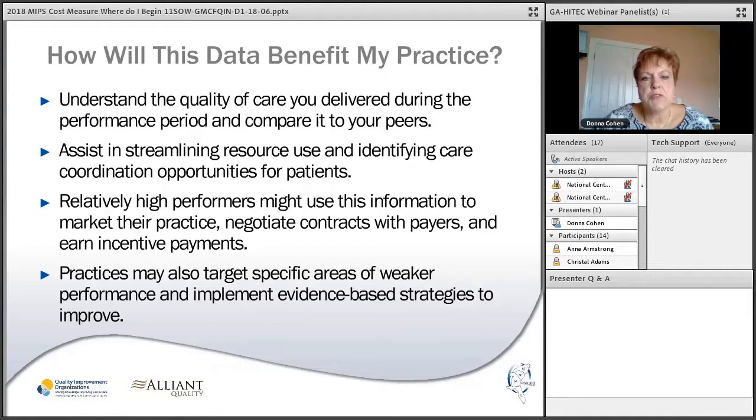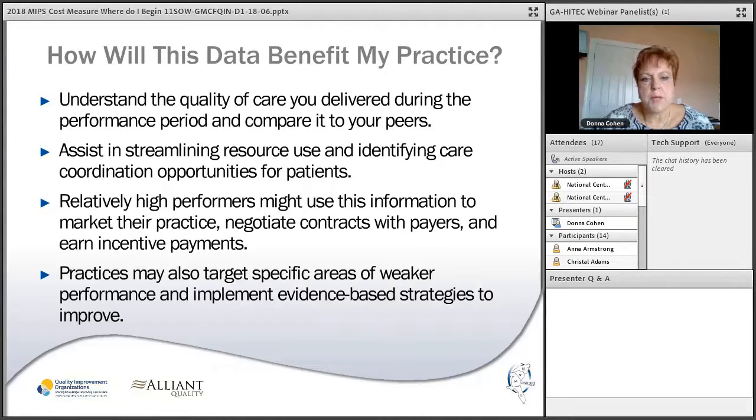First of all, it helps you understand the quality of care that's delivered to your patients, or Medicare beneficiaries, during the performance period compared to your peers. The comparison to peers is actually in your same geographic area. For example, if you're in rural South Georgia, you would not be compared to clinicians in the metro Atlanta area.